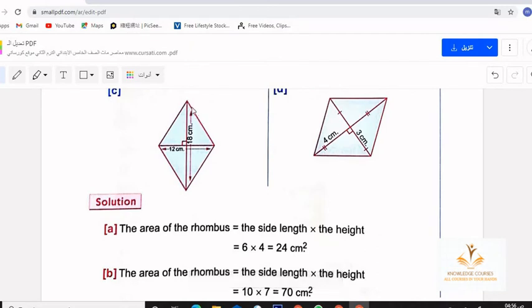Okay. In this case, D1 equals 18 and D2 equals 12.